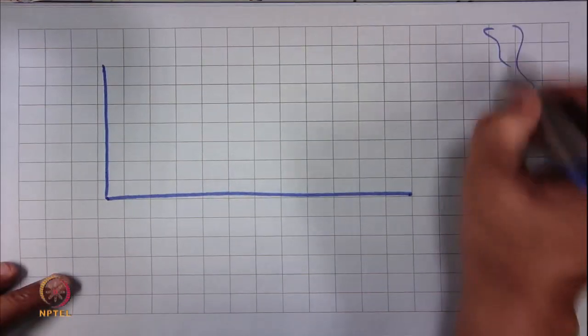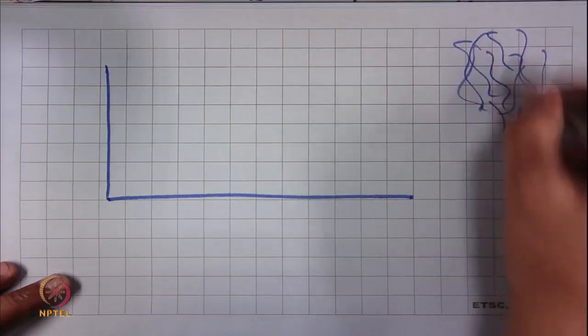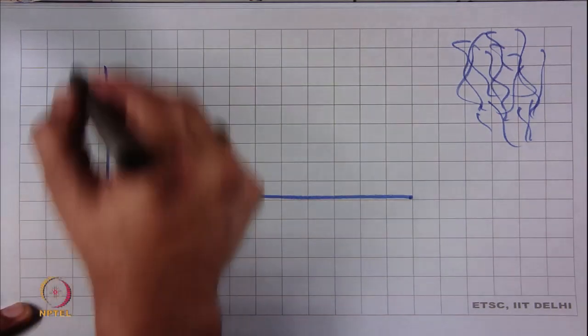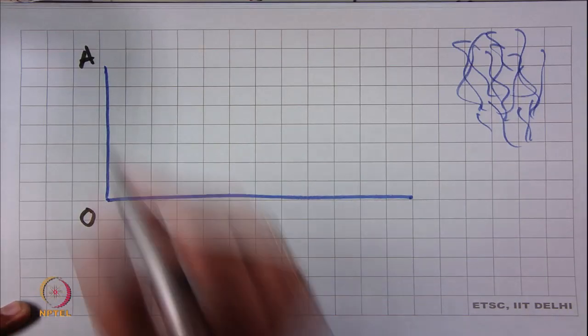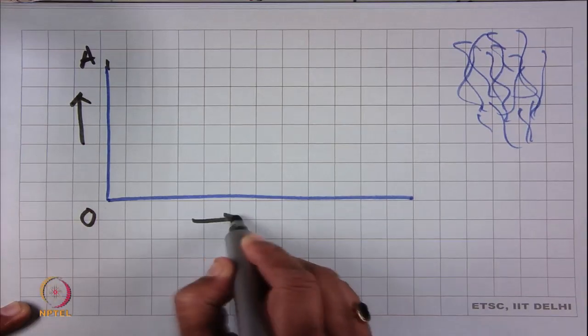Suppose we have the fibers, these are the fibers. Say this is O and A, and this is the length, here is the percent of fiber.